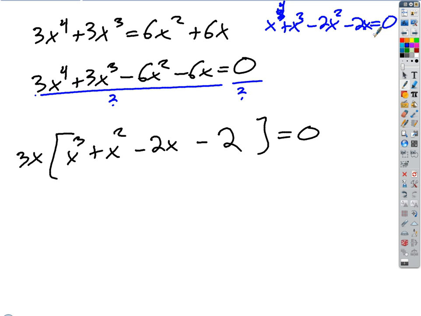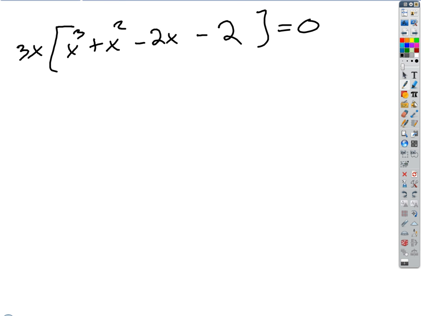Then I would have ended up just factoring out an x instead of a 3x. But either way, what's the solution going to be? 0 either way. Did you see my point there? It's not a big deal in this problem. It's just as easy to factor out a 3x as it is to divide by 3, so why not just do it this way? But sometimes that's really handy to do. All right, so continuing on.